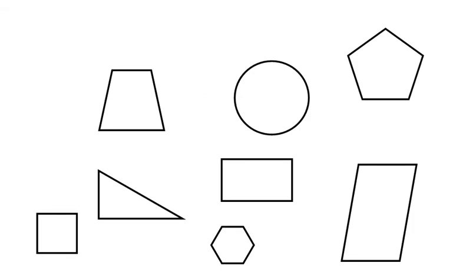A good way to think about it is when you first learn the concept of area in general, all the shapes that you see on the screen: square, triangle, rectangle, trapezoid, hexagon, parallelogram, pentagon, circle. These are some examples of shapes that you can find the area of, and of course you can combine a couple of them together.